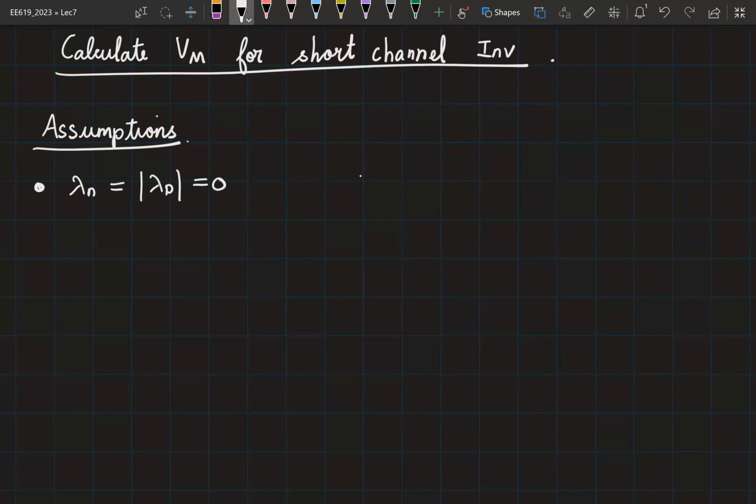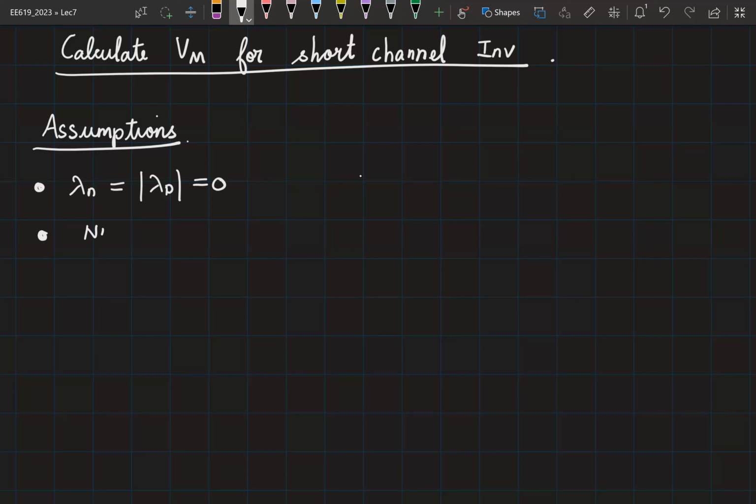What will happen is you will have a quadratic equation and the calculations will be cumbersome, and you'll finally get a result which is sort of like a mathematical exercise. You will not be able to get much insight based on that equation. Our idea is not to turn this into a mathematical course, but to get a feel for how we have to change the W and L for a transistor. So with this in mind, we will start with the assumption lambda n equal to mod lambda p equal to 0.